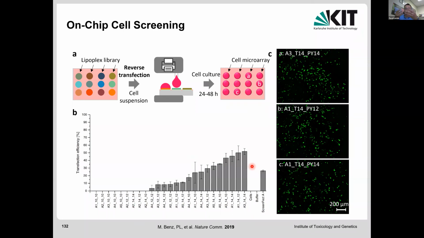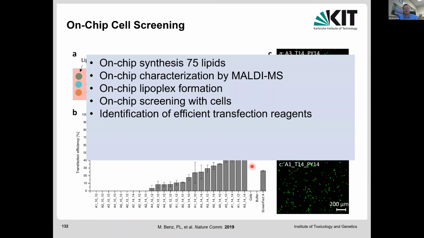But this was a proof of concept, and what is most interesting in it is that we did on-chip synthesis of 75 lipids, on-chip characterization by mass spectrometry, on-chip lipoplex formation, on-chip screening, and so on.